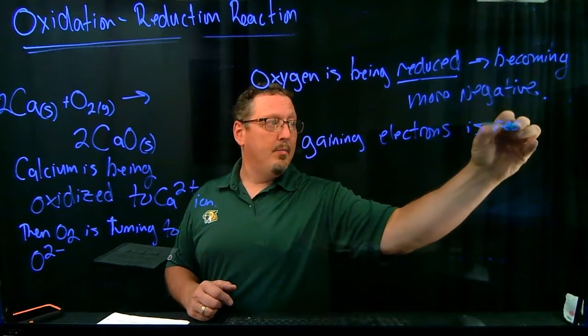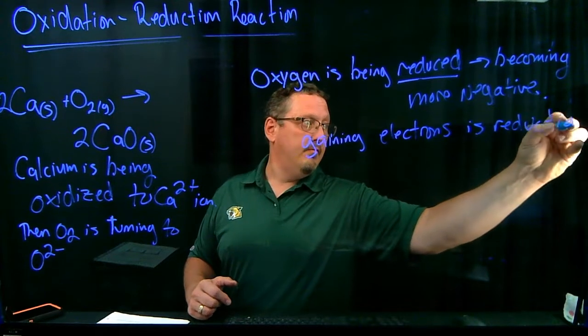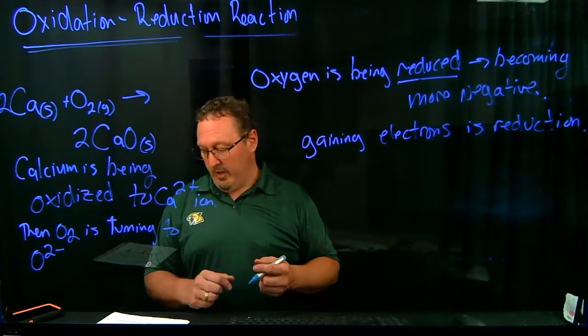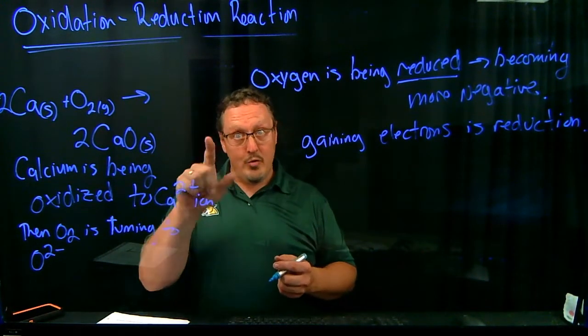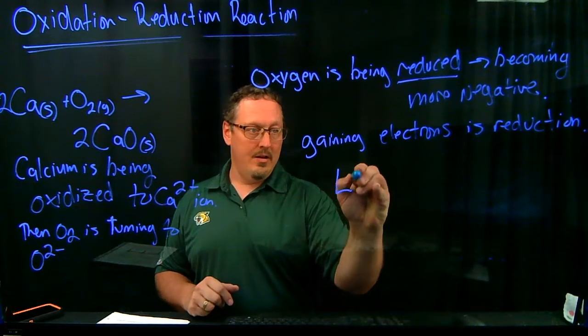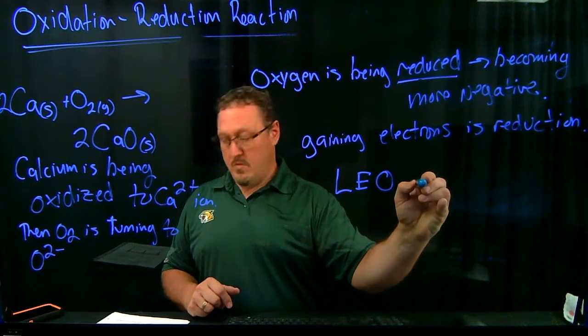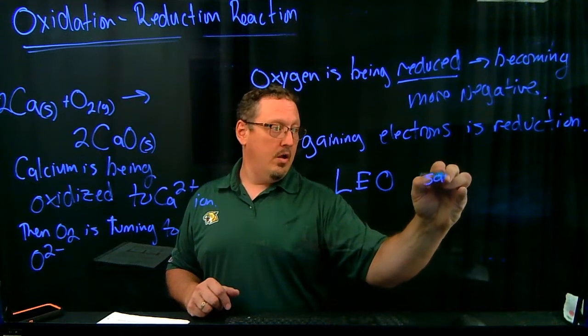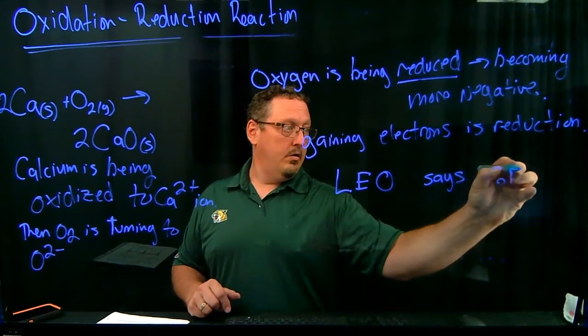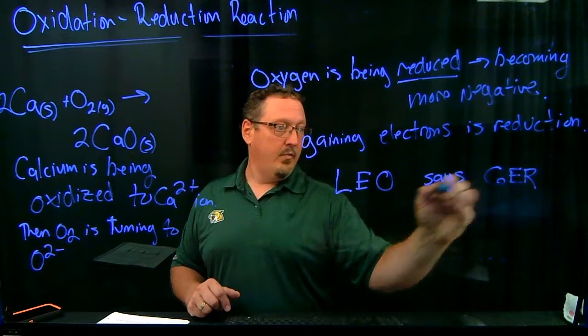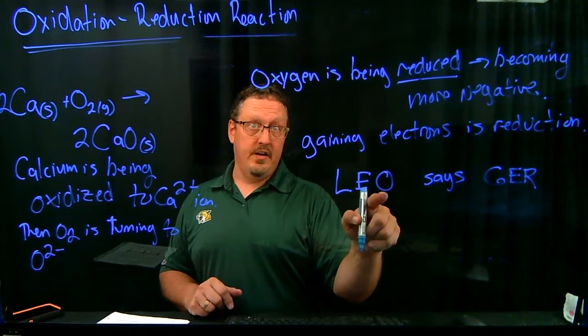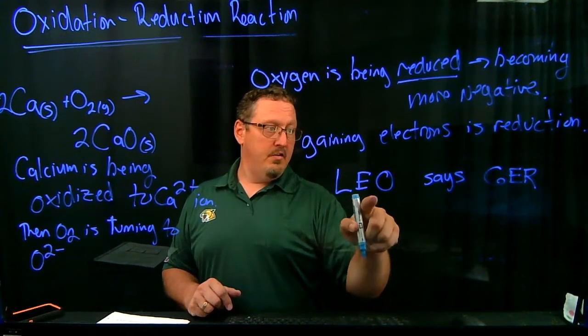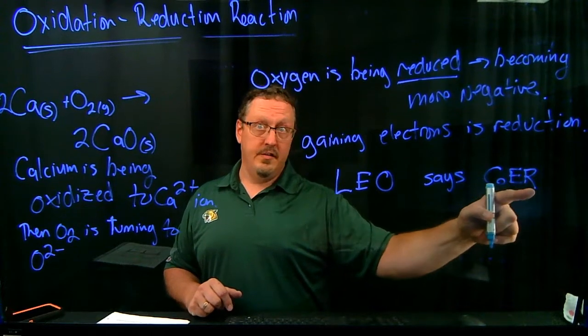And that's kind of backwards, but you just got to play it into your head, okay? Two ways to remember that. Leo says Ger: losing electrons is oxidation, Leo the lion says Ger, gaining electrons is reduction.